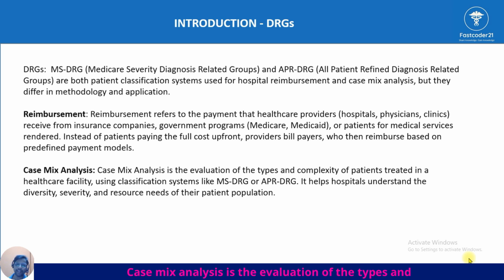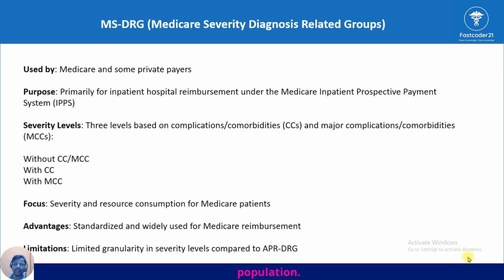Case mix analysis is the evaluation of the types and complexity of patients treated in a healthcare facility using classification systems like MS-DRG or APR-DRG. Most of the time, case mix analysis helps the hospital to understand the diversity, severity and resources needed for their patient population.